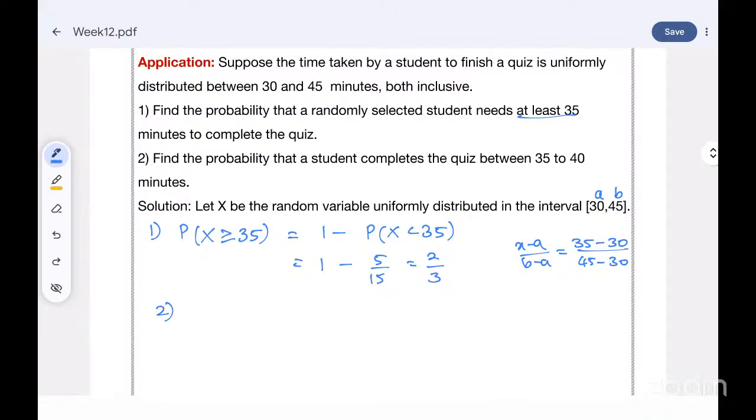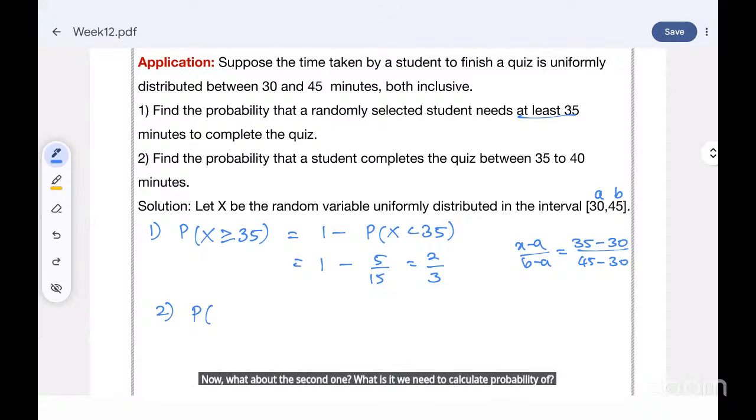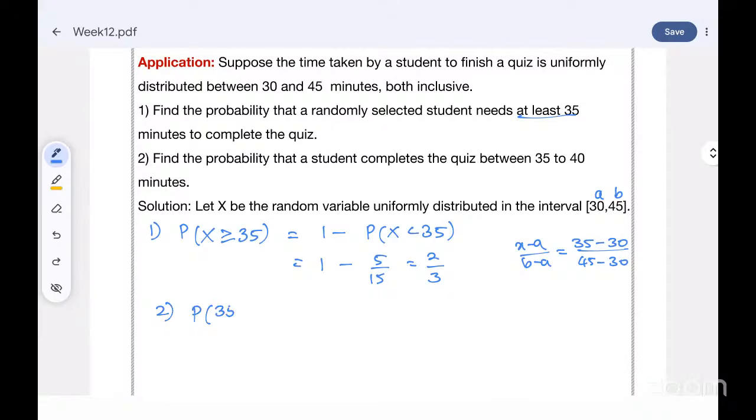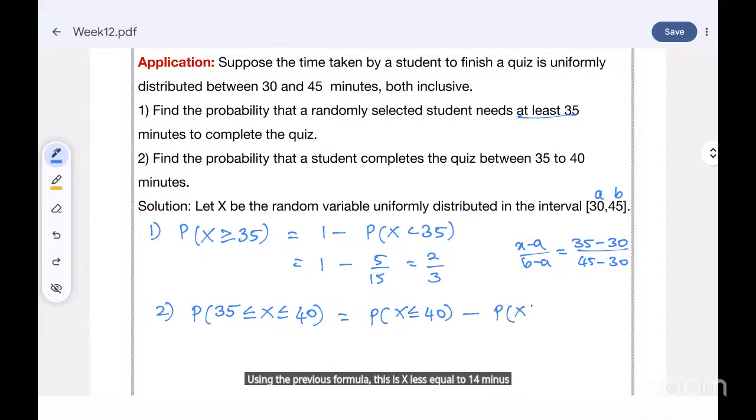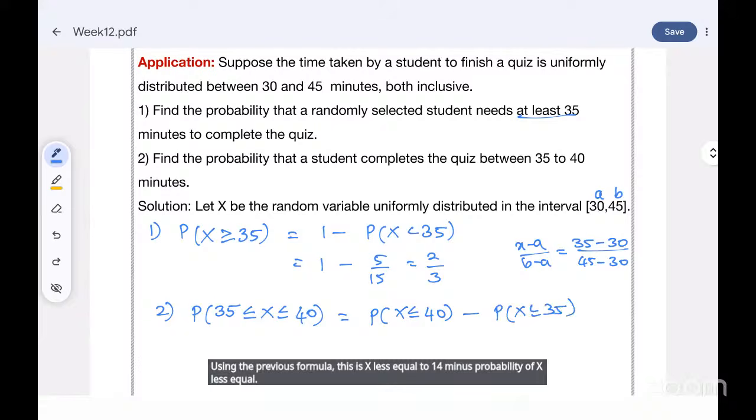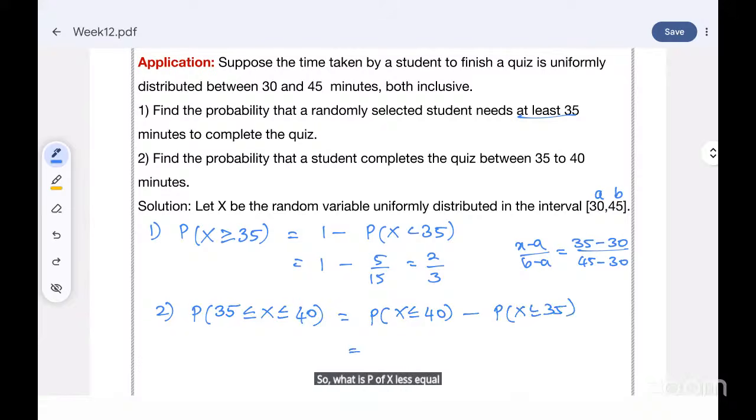Now, what about the second one? What is it we need to calculate? Probability of 35 less than or equal to X less than or equal to 40. So here, using the previous formula, this is probability of X less than or equal to 40 minus probability of X less than or equal to 35. What is P of X less than or equal to 40?